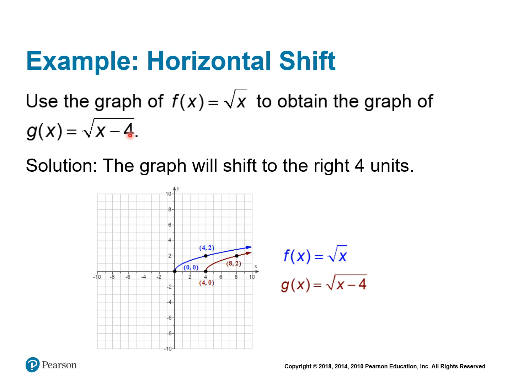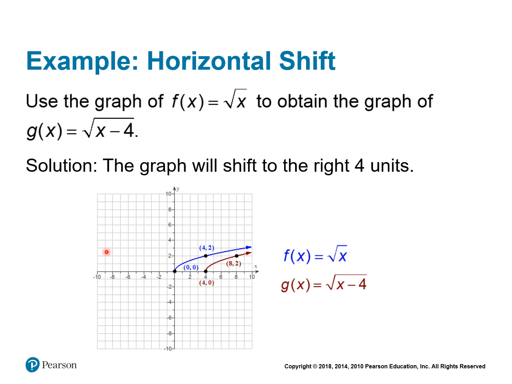As we can see, we should be able to immediately recognize that this represents a horizontal shift, because we are first subtracting a quantity from x, and then we are taking the square root, evaluating the function to come up with a y value. So this will represent a horizontal shift.